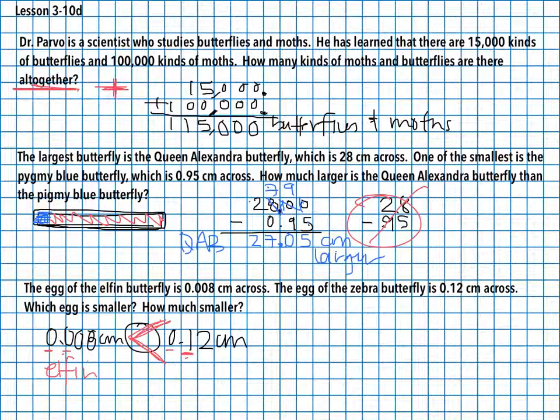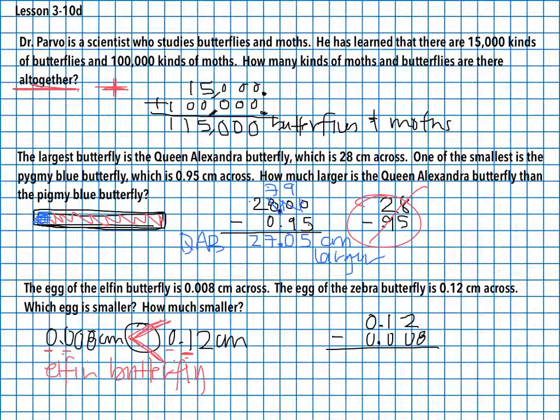Now, how much smaller? Well, again, if we're going to be doing that, we are going to have to subtract. And we're going to take our larger butterfly egg, which is the zebra butterfly egg, and that is 0.12 centimeter, and we're going to subtract 0.008 centimeters. Okay?